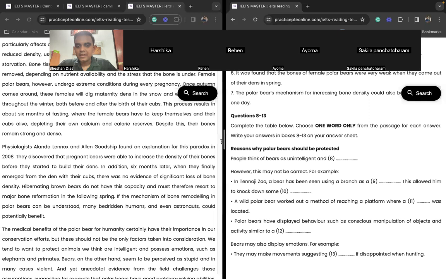Now, for example, let's say you get 2 words and or a number. Okay, you want to write the answer two black dogs. All right, if you write this answer, this is incorrect because this counts as 3 words. But if you write 2 black dogs, this is correct. 2 is a number.